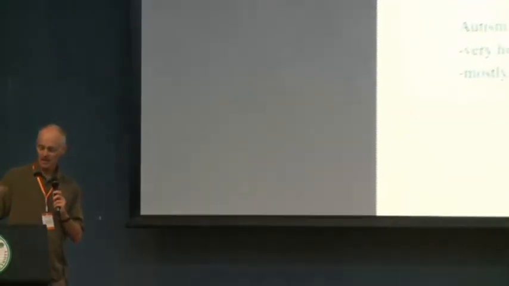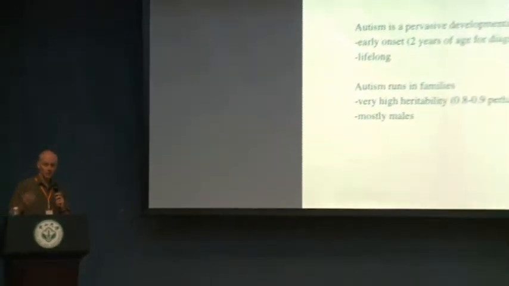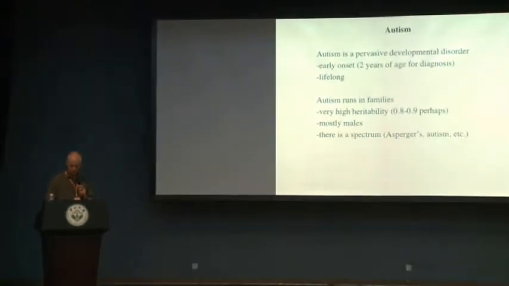What people are looking at now is, what ties together all of these different genes? The answer seems to be that they participate in a few gene networks, for instance, responsible for synapse maintenance and strength. If that goes awry, you have functional problems in communicating between different brain parts.